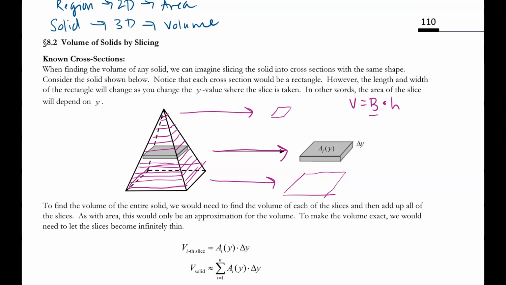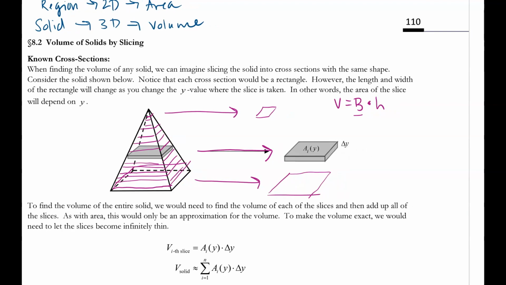Similar to that, now we learn specific formulas for pyramids and cones that involve 1/3, or 4/3 if we're talking about a sphere. But similarly, we can find the volume of this pyramid by finding the area of the slice, and then we're going to integrate the area.